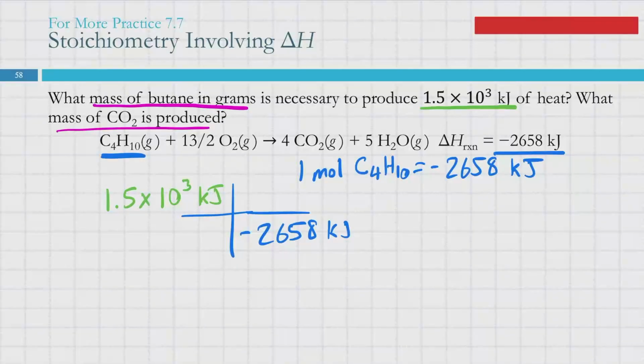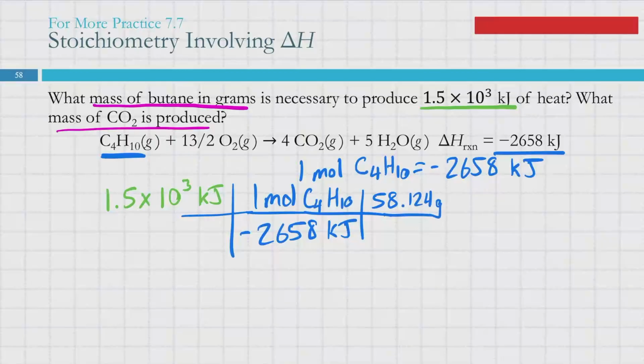So we can plug this in. We put the kilojoules on the bottom so they cancel. The 1 mole of butane goes on top. Our molar mass for butane is 58.124 grams.